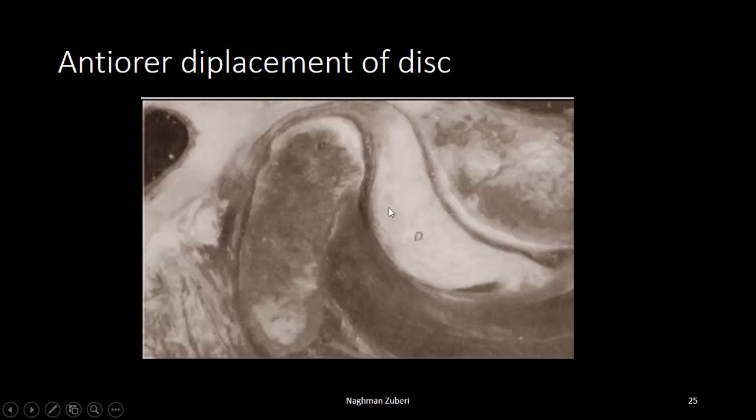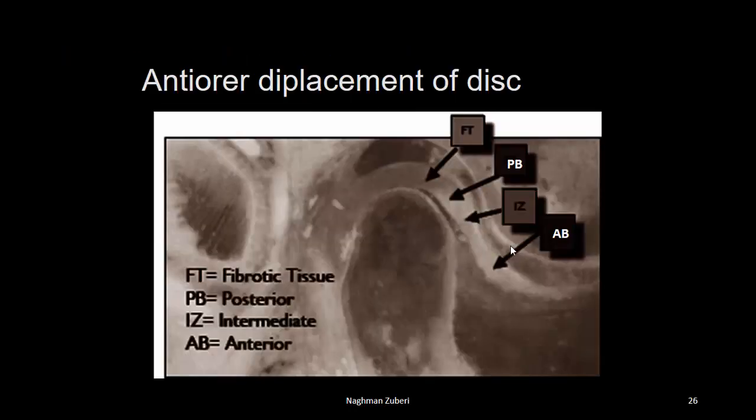So in order to make a diagnosis of TMJ dysfunction with or without reduction, or whatever the situation is, it is advised to go for an MRI. On an MRI, we can see this is the anterior border, this is the intermediate zone, this is the posterior border, and this is the fibrotic tissue. In this case, there is disc displacement without reduction.